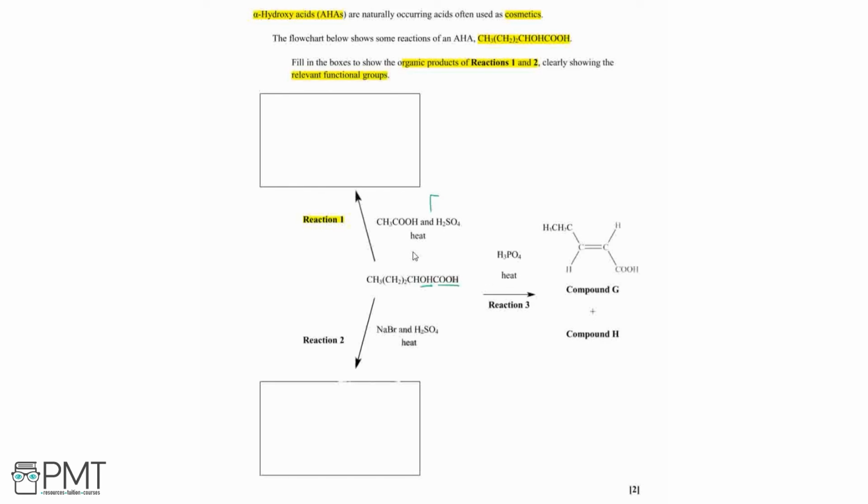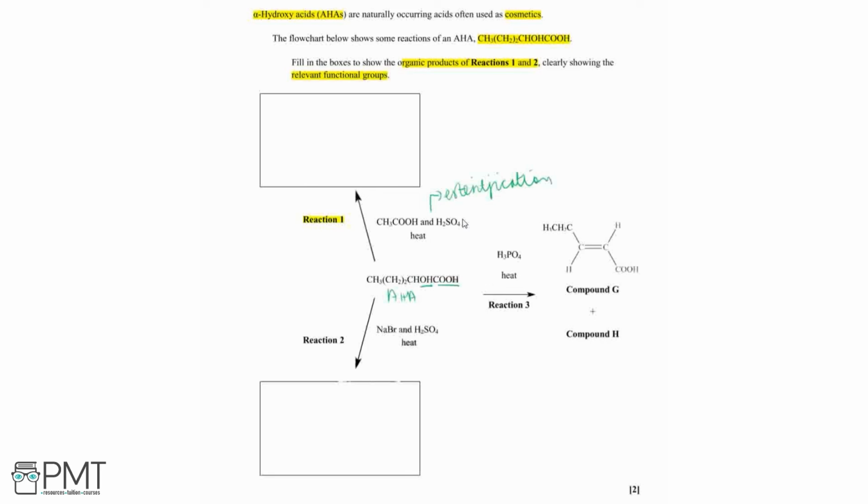And these are the reagents for our esterification reaction overall. And this means that we're going to get a reaction with the alcohol from our AHA and with the carboxylic acid from our reagents, and this is a sulfuric acid catalyst overall for this one.